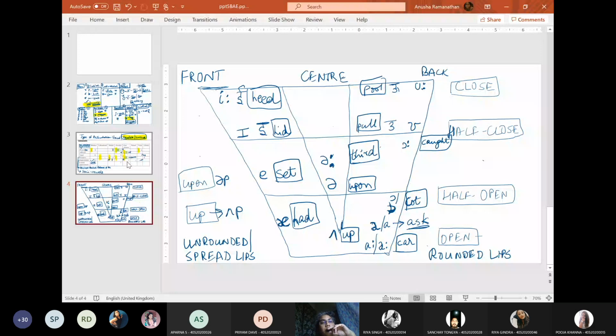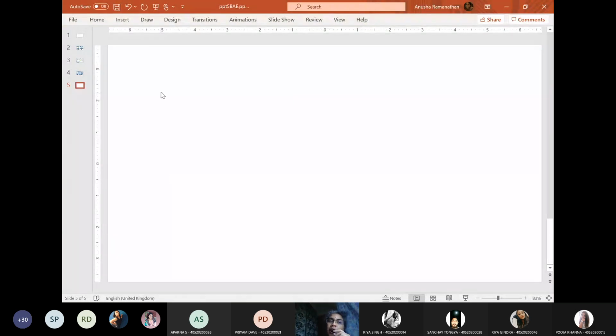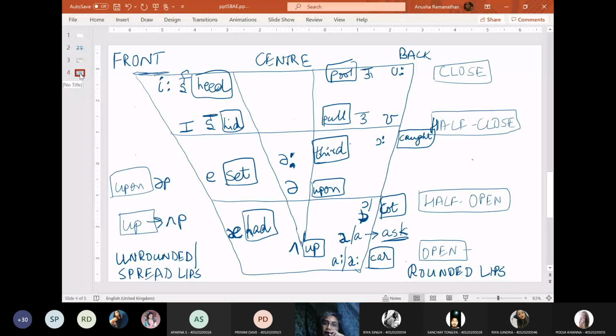So start is a good word to look at, it's related to ask. Now these vowel sounds are the only vowel sounds in English. Did you notice that there is no O sound in English? If these are the vowel sounds, there is no O sound in English. How do we then deal with that aspect? That's the first part of this entire exercise.